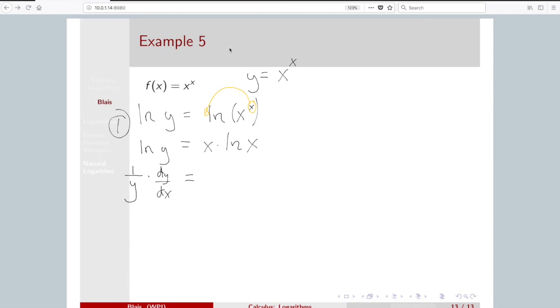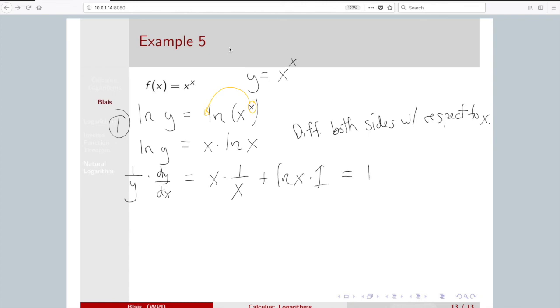And so again, it's important to recognize that we're differentiating both sides with respect to x, and recognizing that this y is in fact a function of x. So we have this chain rule here. Now on the right, we do product rule. First times the derivative of the second plus the second times the derivative of the first. So this is 1 plus natural log of x. This is our second step.